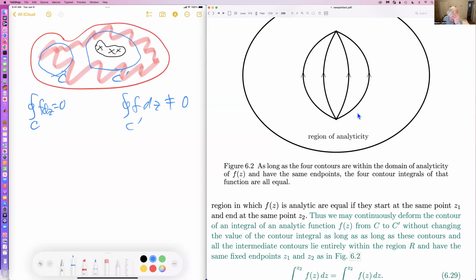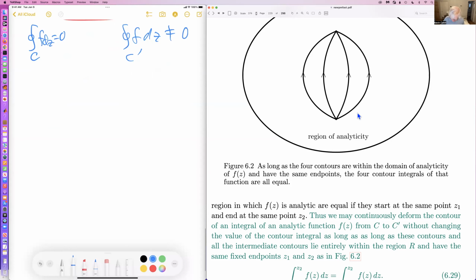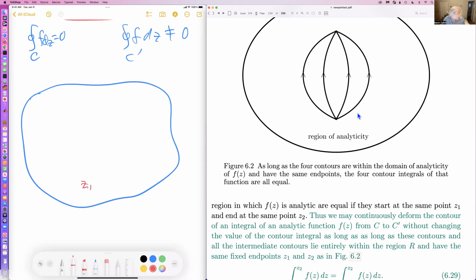And one conclusion of this is that, again, if we have a region of analyticity, and we go from one point here, Z1, to Z2, then we can imagine integrating this way. Or we could imagine, let me do green, taking a curve like that.